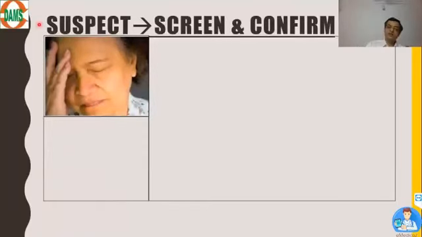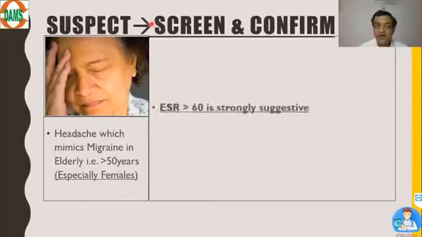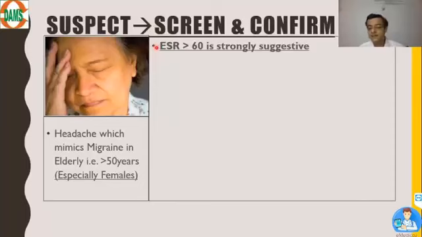Yes, we will go fast. So when to suspect the disease? When an elderly patient, especially female, has a headache which mimics migraine, you suspect the disease. Once you have suspected the disease, you check for ESR.